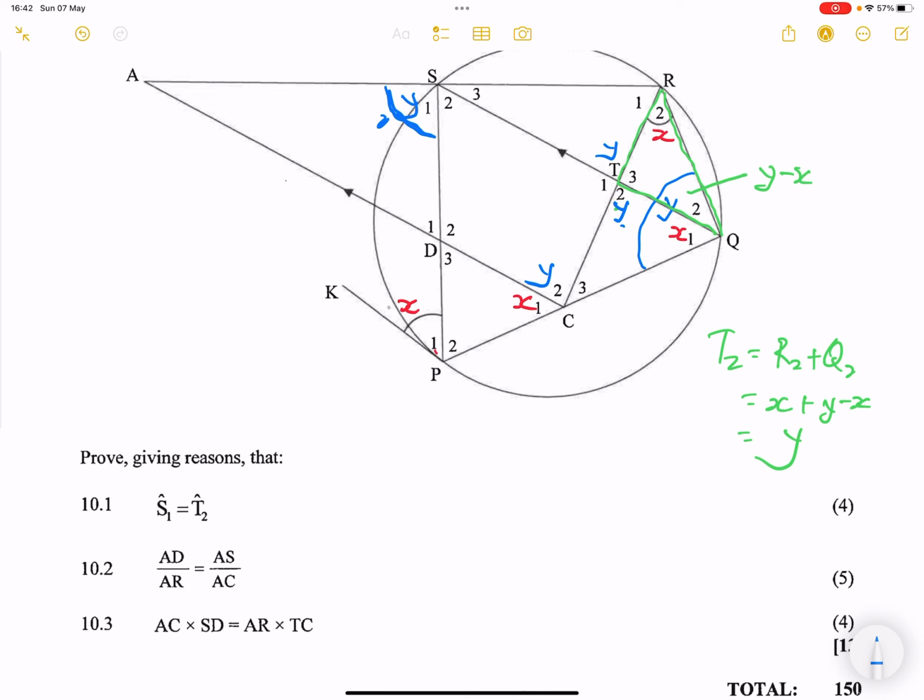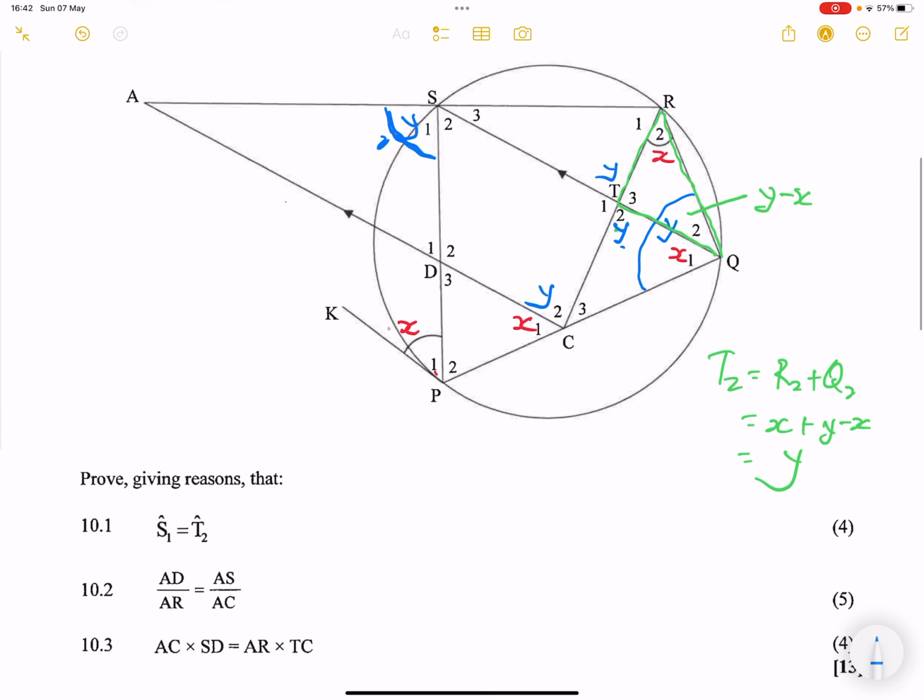Now it does look like they are actually looking at that big triangle there, which is ARC, isn't it? Okay, right. So now we need to find out, is there any other triangle that is similar to that triangle there, ACR?